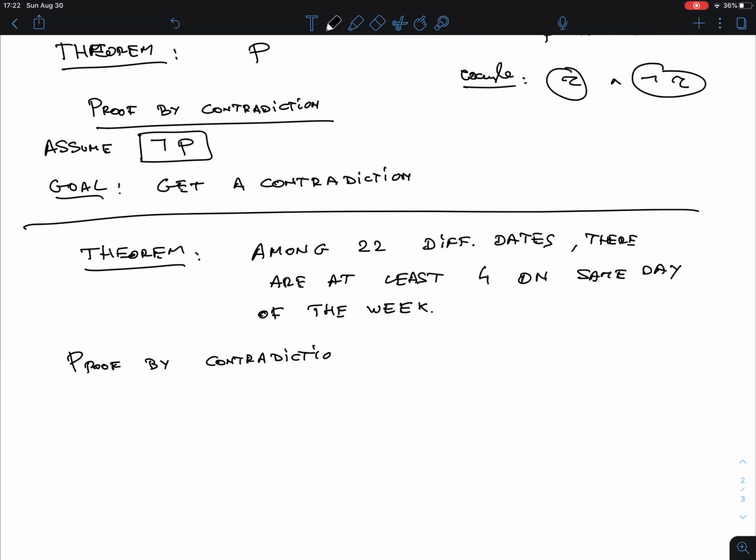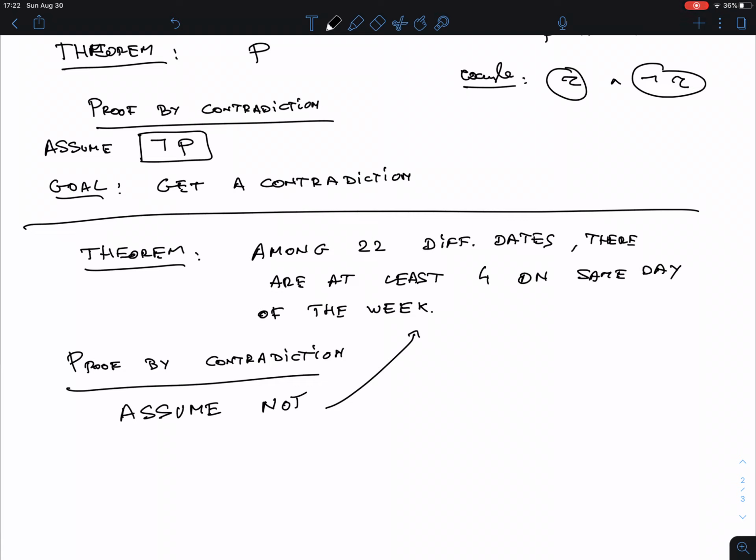So what do we have to do? Well, this whole statement was P, and what we have to do is assume that the negation is true. So assume not this thing. What does that mean? Among 22 different days, there are at least 4 on the same day of the week. The negation means we have 22 days, but at most 3 on each weekday. So assume not.